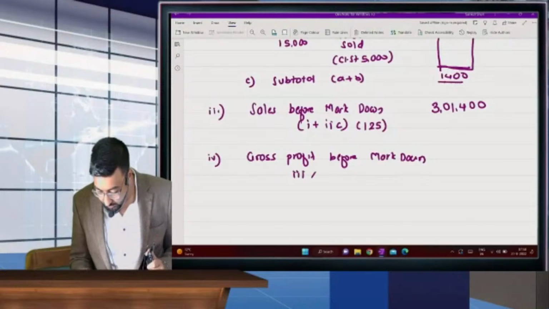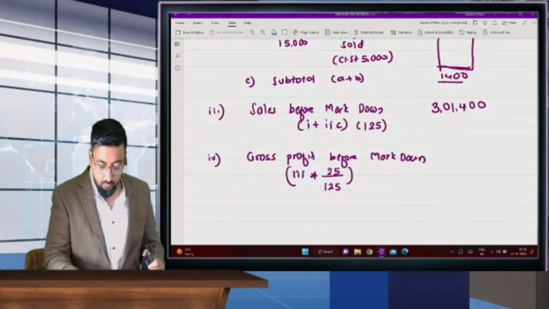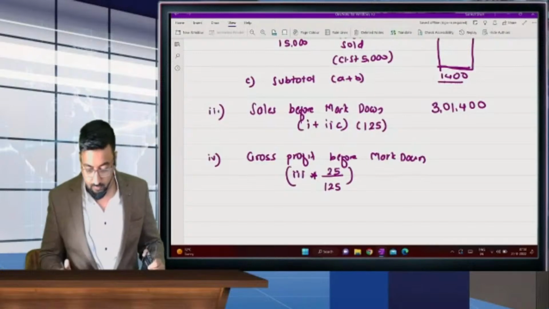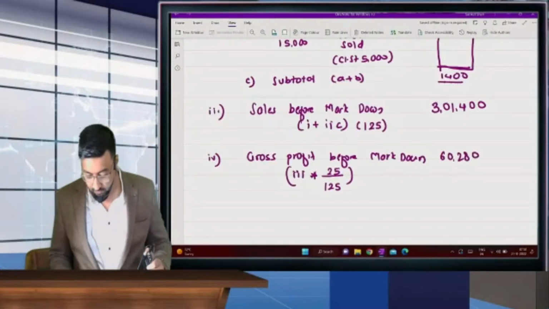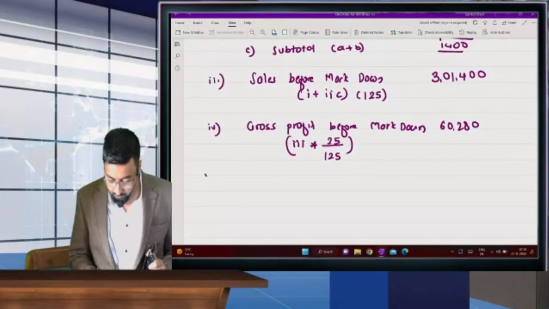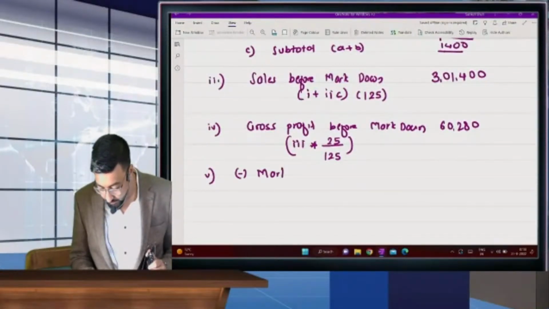Roman 3 multiplied by 25 upon 125. 3,01,400 divided by 5. So 25 upon 125 means divided by 5. Now less markdown. 1,400.